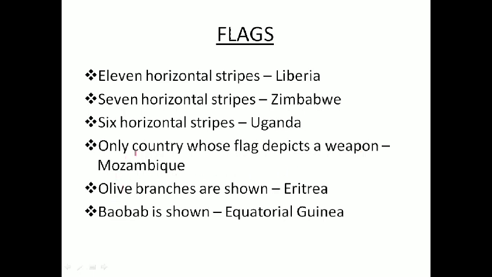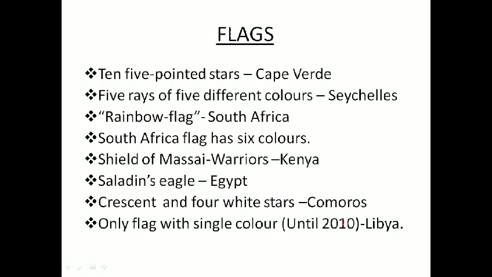Just contrary to it, olive branches are sewn on the flag of Eritrea. The baobab tree is sewn on the flag of Equatorial Guinea. Now 10 five-pointed stars are depicted on Cape Verde's flag. 5 rays of 5 different colors are shown on Seychelles.